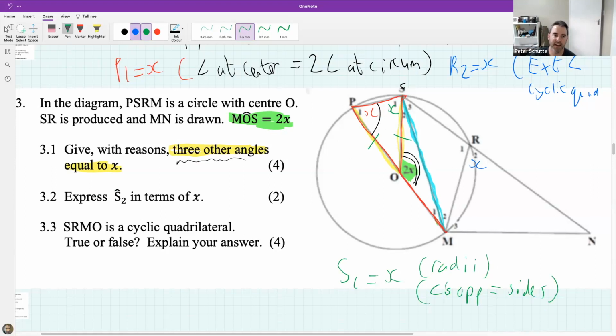All right, so we have done that. The next thing I want you to try and do is express S2 in terms of X. Now, first of all, we have to find where S2 is. S2 is sitting over here. Zayan, can we unmute Zayan?